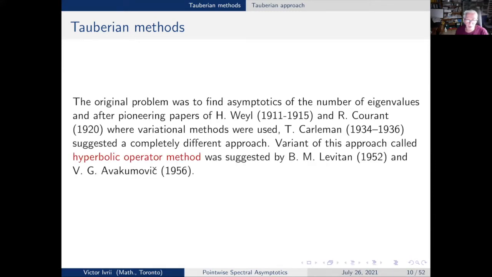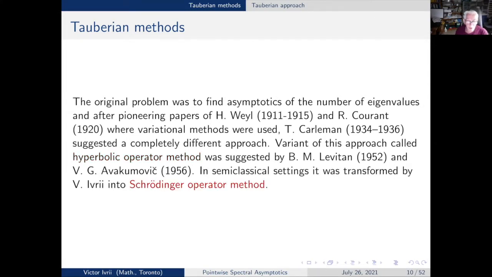A variant of this approach, called hyperbolic operator methods, was suggested by Boris Levitan and Avakumovich. In the semi-classical setting, it was transformed by myself into Schrödinger operator methods, where we don't need to consider the wave operator; we can consider the semi-classical Schrödinger operator, because on finite energy levels it behaves much more like the wave equation.